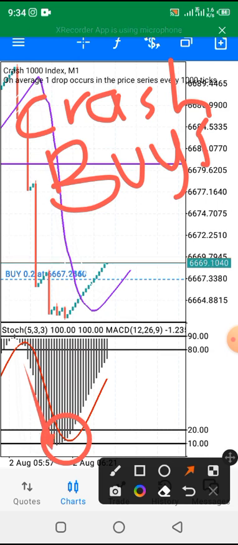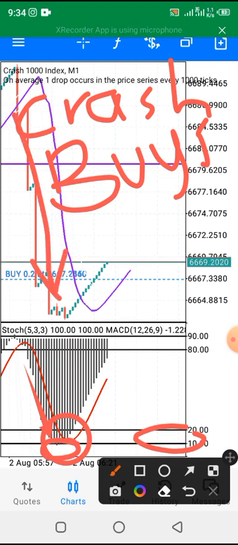You can see it touched this region over here, which is the 10 region, meaning that price here was oversold. You can see sellers were pushing down with the spikes, making the market oversold, right?